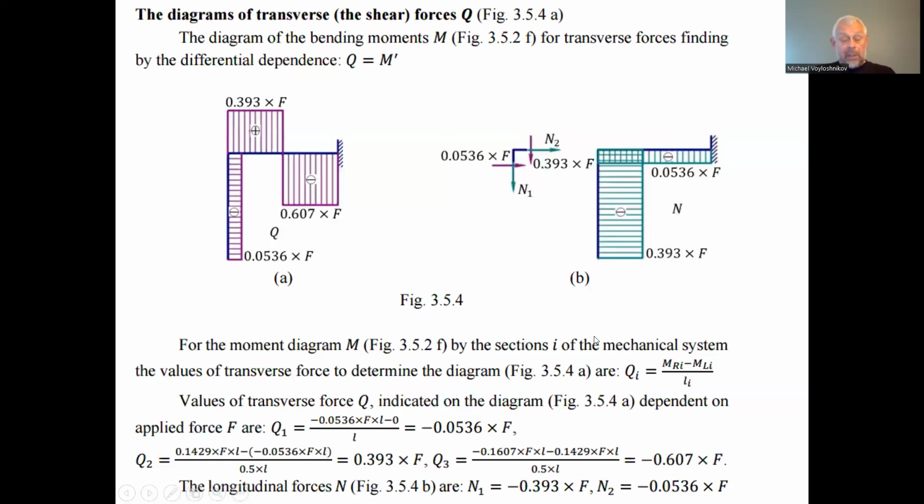So we have that the shearing force is equal to 0.393 F. This is the magnitude of the shearing force in this whole segment of the upper rod of the mechanical system. On the last segment, we can find it as well.